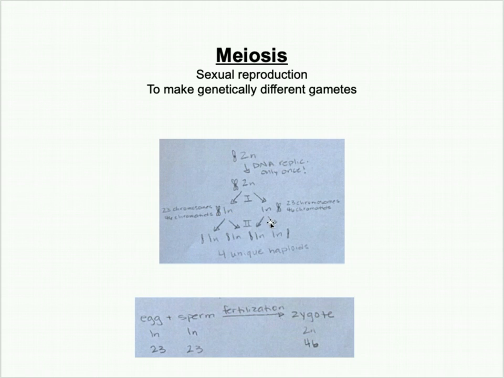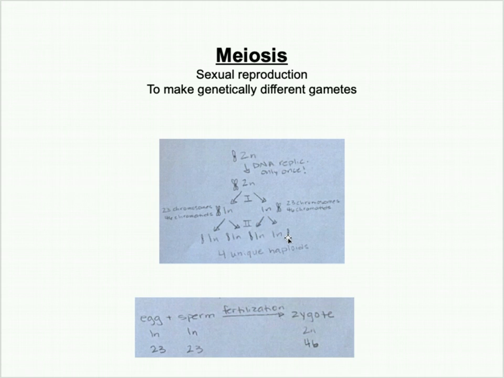This duplicated state is still too much DNA, so we have to undergo another cellular division called meiosis 2. These cellular divisions are denoted by the Roman numerals 1 and 2. After meiosis 2, each of these cells will produce 2 daughter cells that will still be haploid. Each will have 23 chromosomes, but the chromatids have split, so there are 0 chromatids, and it'll look like this. What happens to this daughter cell will happen to the other.